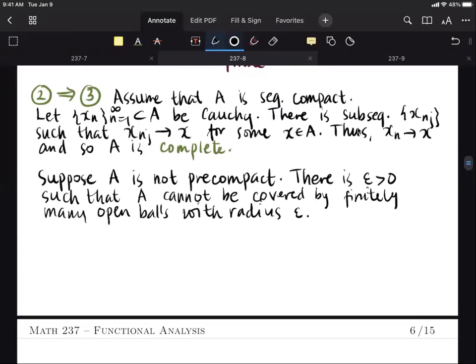In particular, this implies that A must be infinite. Take note that if this is finite, then you can just take the balls centered at the points of the finite set, and you will cover A by a finite number of open balls with radius epsilon. But this is not the case. So therefore, A must be infinite.